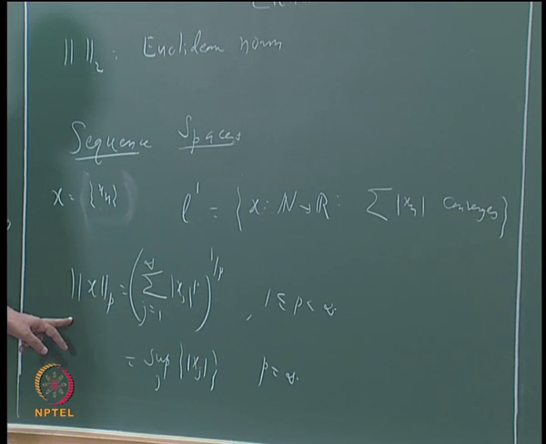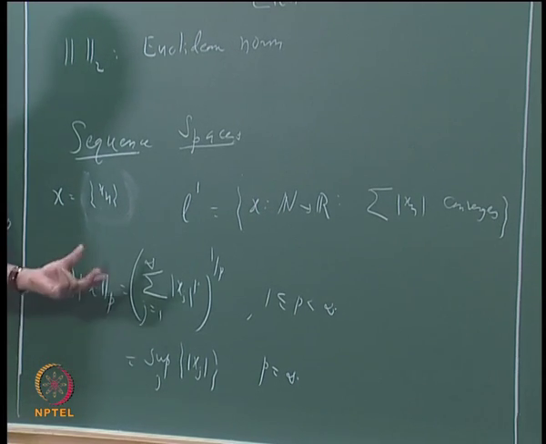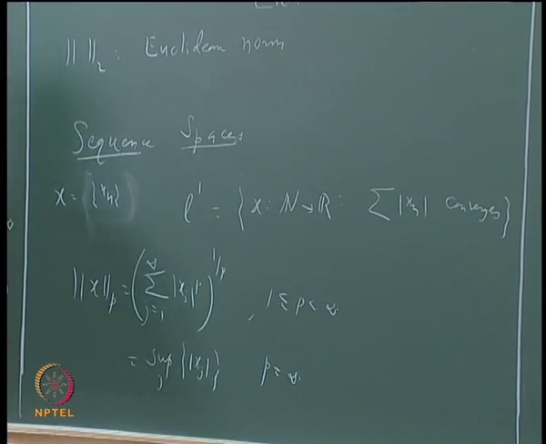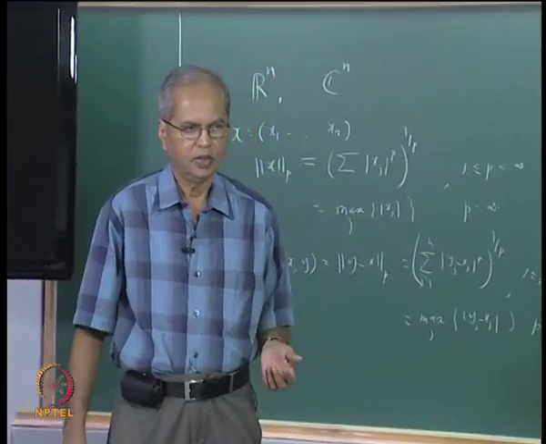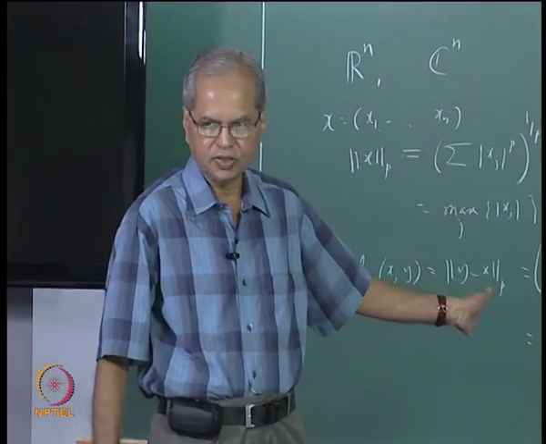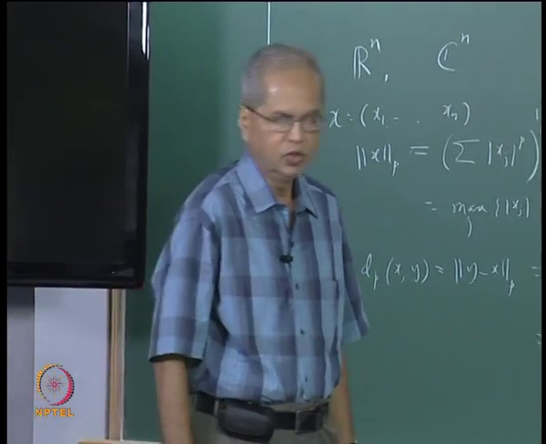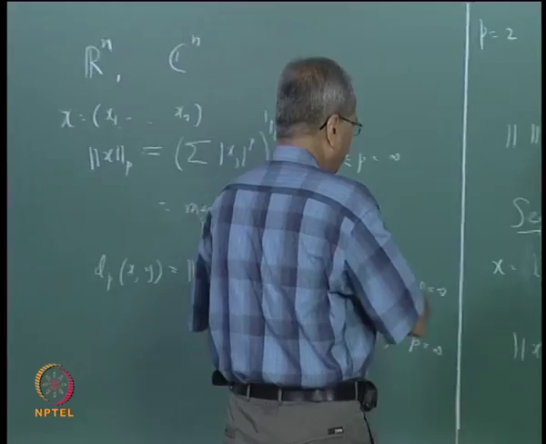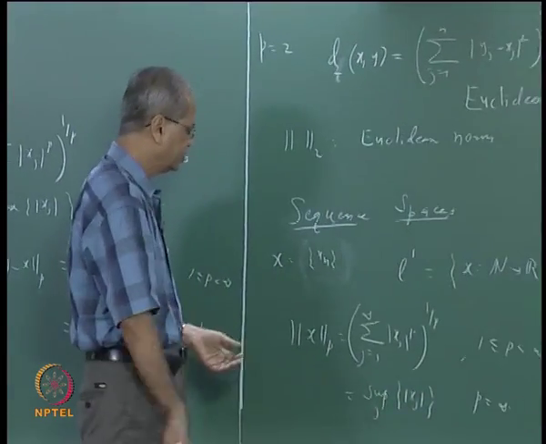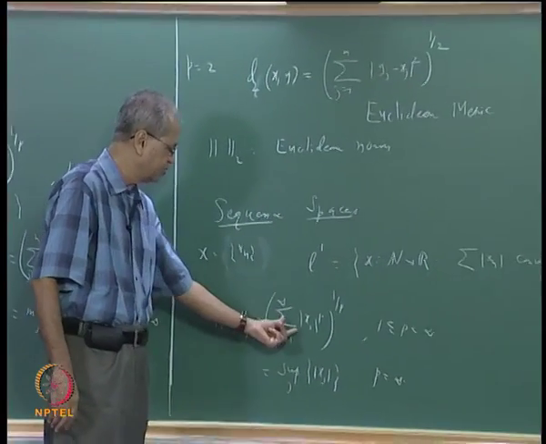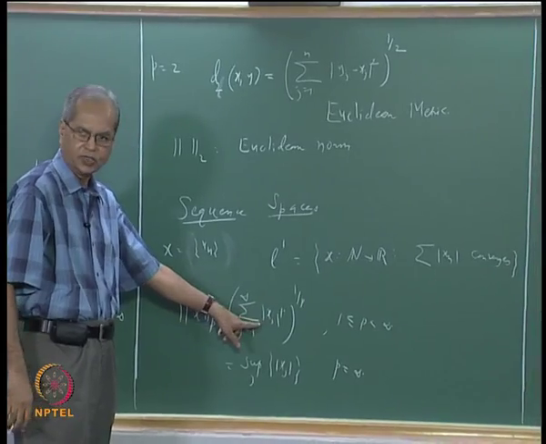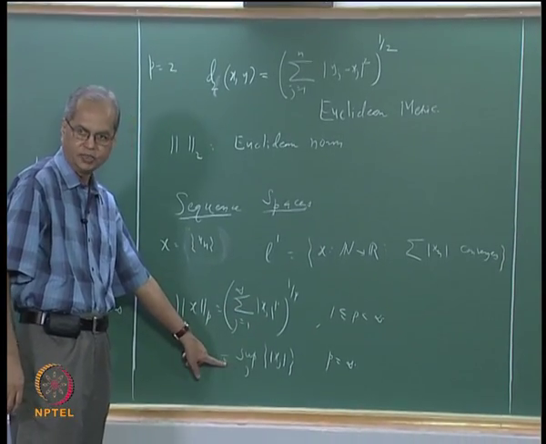Similarly here you can talk of supremum of mod xj only if xj is a bounded sequence. If it is an unbounded sequence, again we cannot say anything about norm suffix infinity, so that is another restriction. So we have to consider the sequences for which the series sigma mod xj to the power p converges, and in this case bounded sequences.